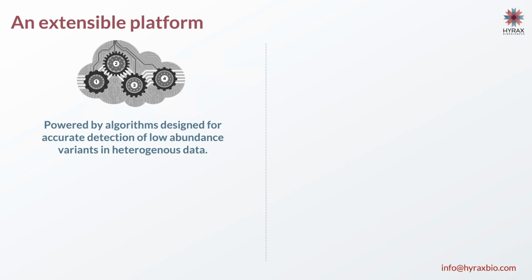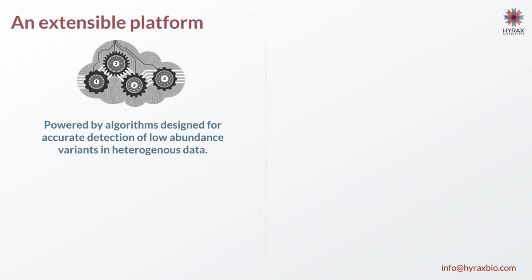And so these algorithms that I mentioned, we have developed a suite of novel algorithms that power the analysis, interpretation, and reporting within the Exatype platform. And particularly pertinent for a lot of genetic diagnostics is that our algorithms have been customized for very accurate detection of low abundance variants in heterogeneous data.